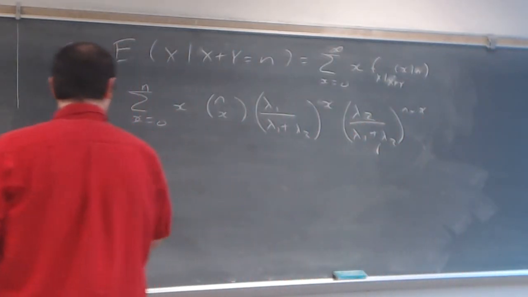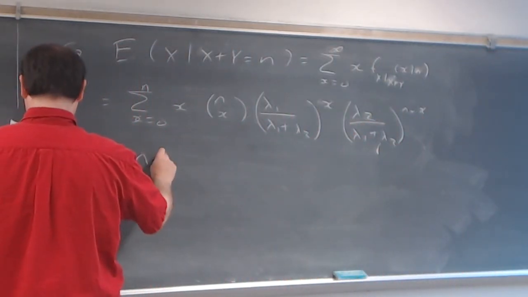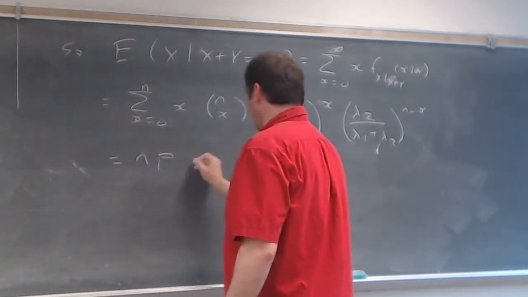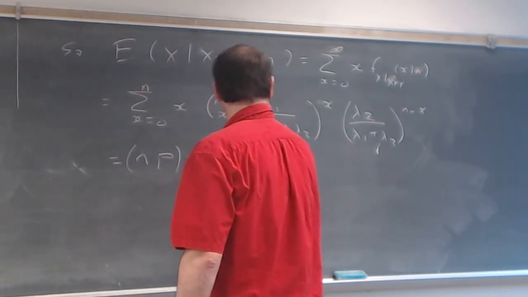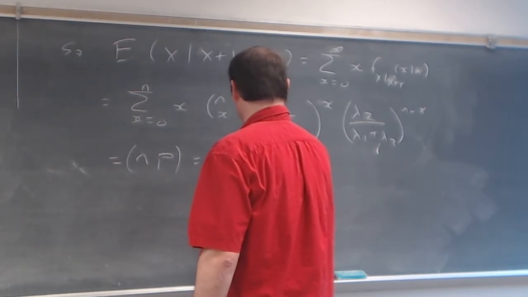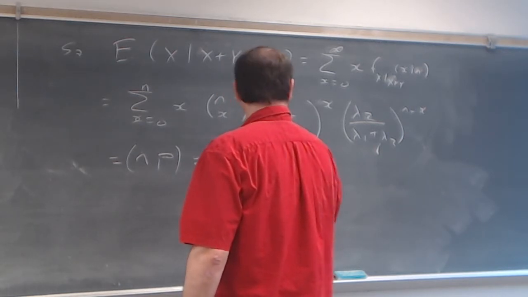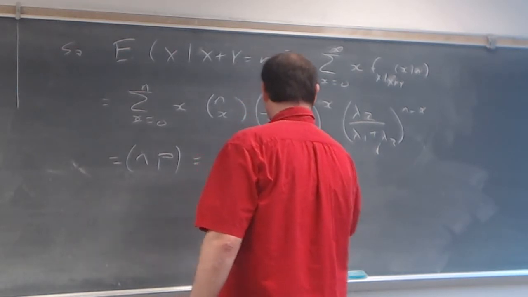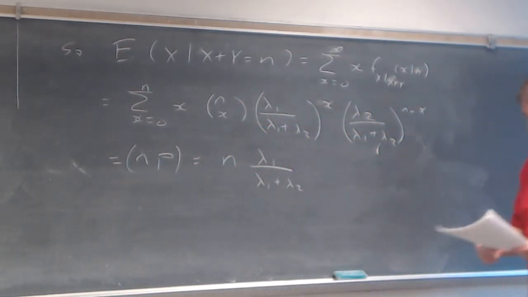And so this is equal to n times p in generic form, which is equal to n times lambda sub 1 over lambda sub 1 plus lambda sub 2.